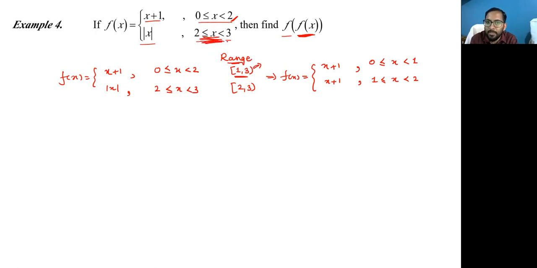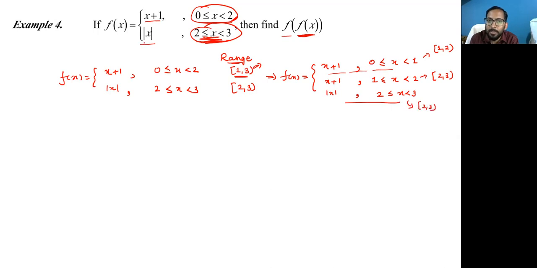That will be a subset of this part, so we can directly write mod x for x belongs to 2 to 3. Now the range of this part is 1 to 2, that will be a subset of this part. The range of this part is 2 to 3, that will be a subset of this part. And the range of this is again 2 to 3, that will again be a subset of this part.